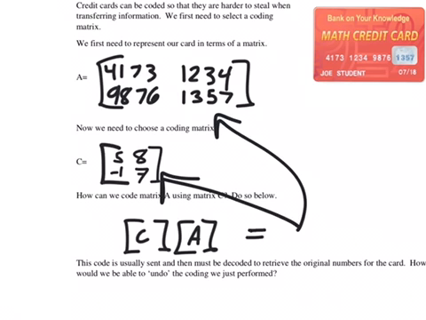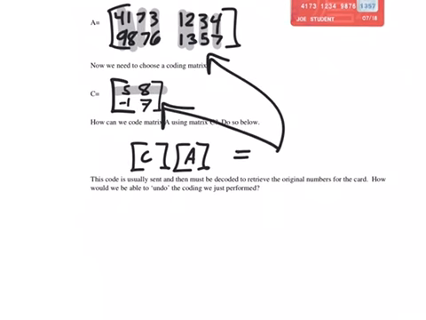And if you think about what matrix multiplication does in terms of the rows and columns, there's going to be tons of numbers generated by this, and it would be impossible to kind of backtrack through this unless you knew the inverse of the code.